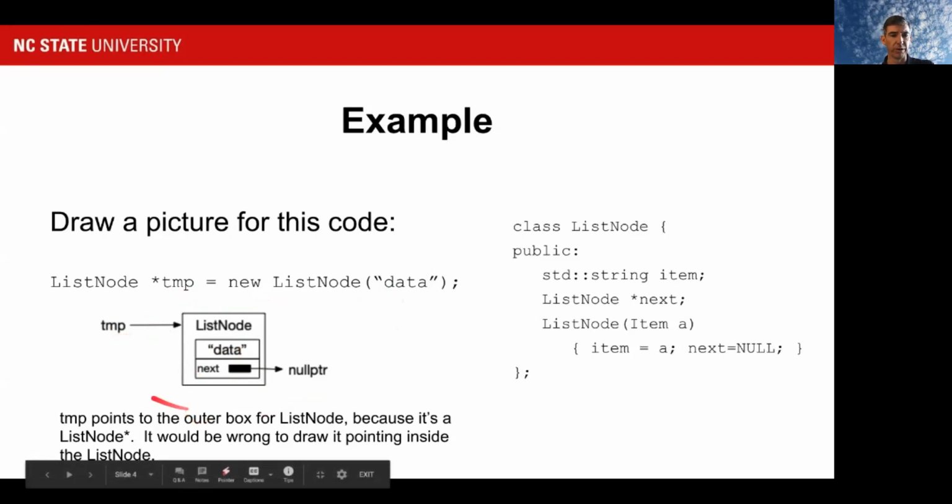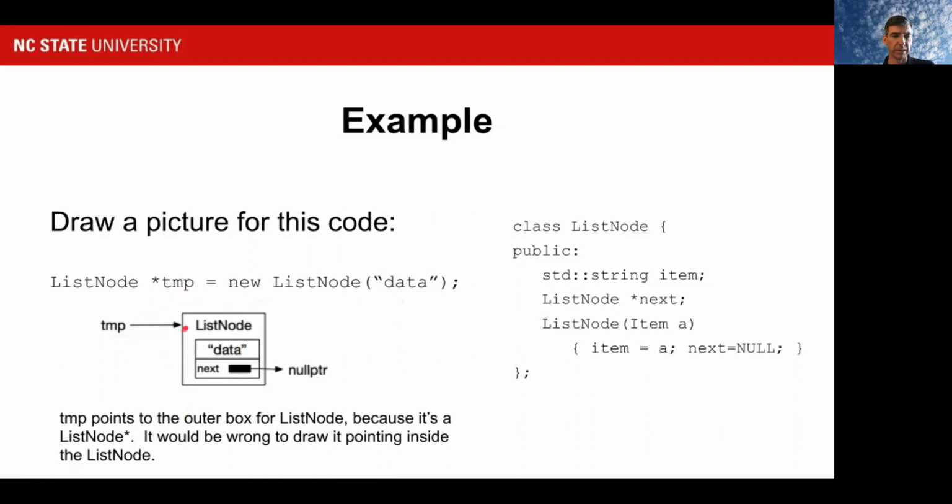The other thing I want to point out is that this temp variable points to this outer box, because this outer box is the list node itself. I don't draw this arrow going inside and pointing at data or pointing at next, because that would be wrong. Those fields inside aren't the object as a whole. Temp points to the list node as a whole object.